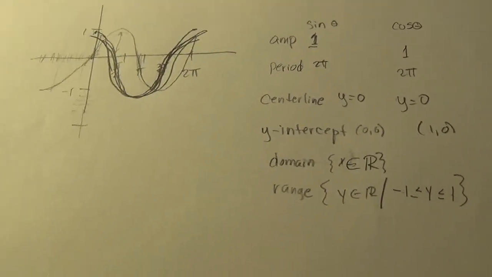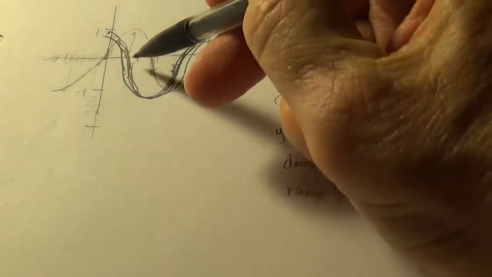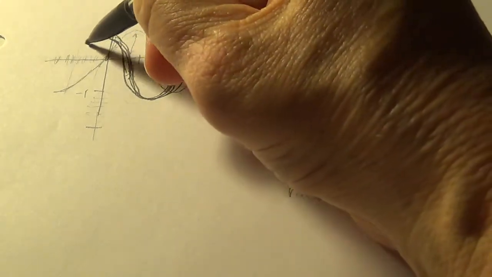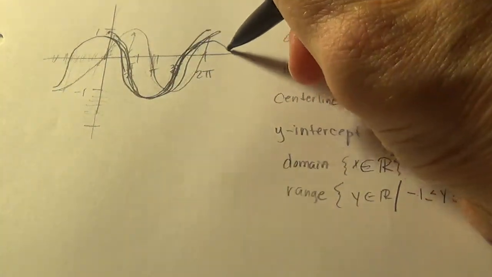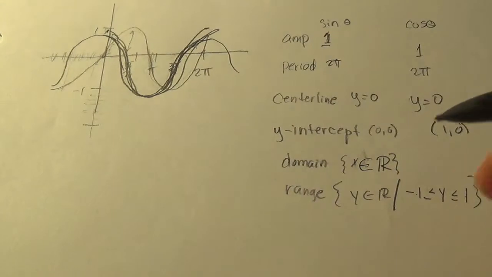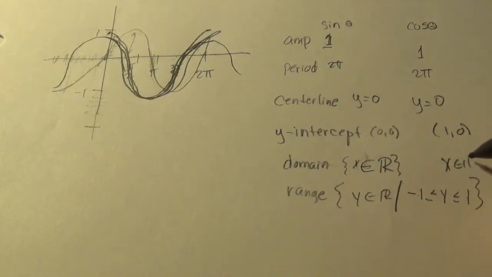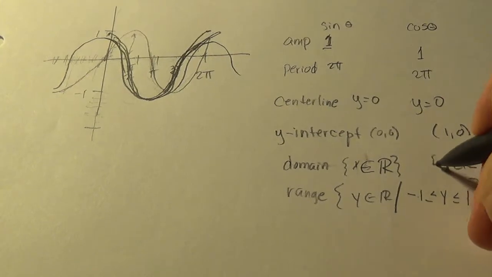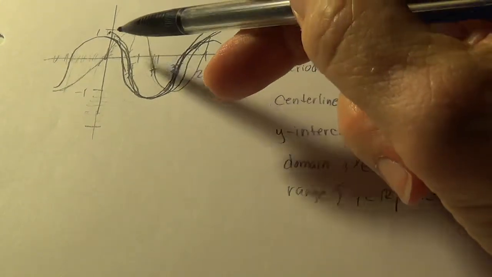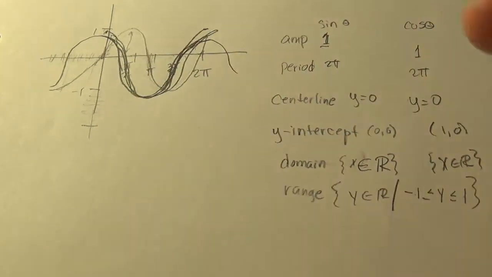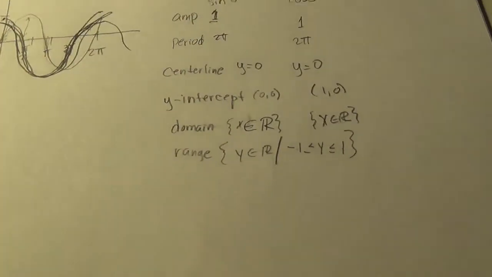What is the domain and range? Well, again, this goes on forever and ever, so all real x's again. And the range, again, is the values between -1 and 1.